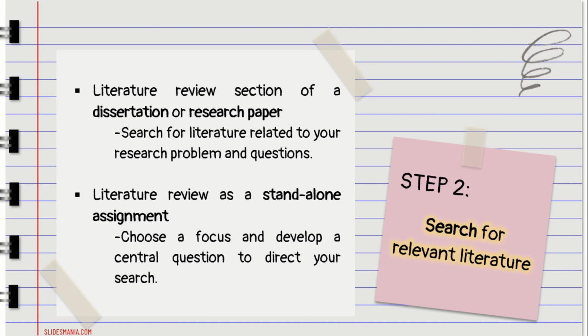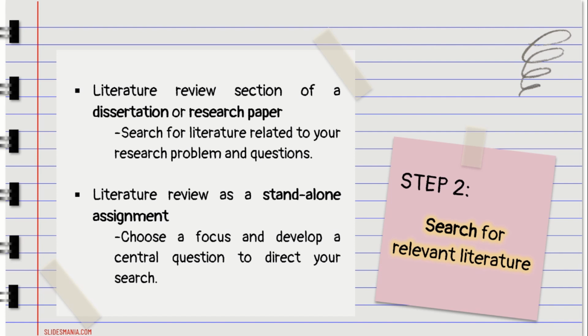So when we already have a clearly defined topic, we are now ready to search for relevant literature. So we are now on step 2. In here, if you are writing the literature review section of a dissertation or research paper, you will search for literature related to your research problem and questions.